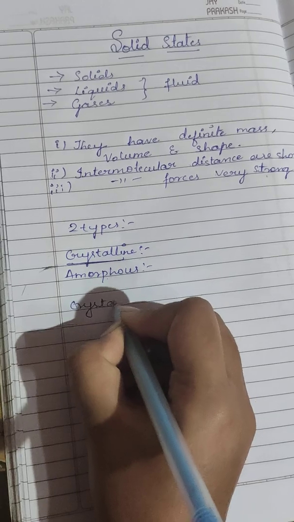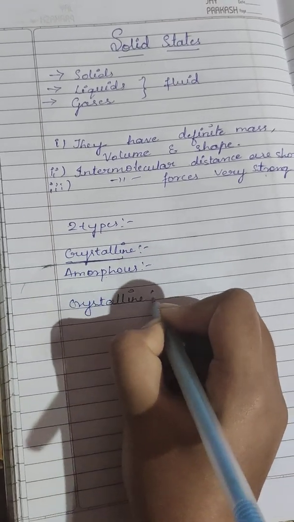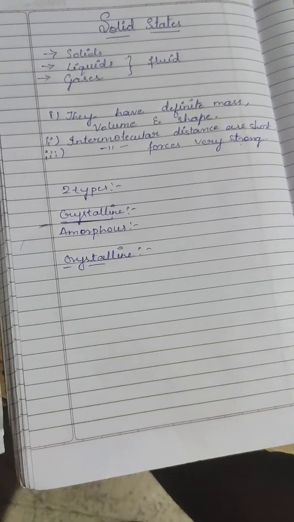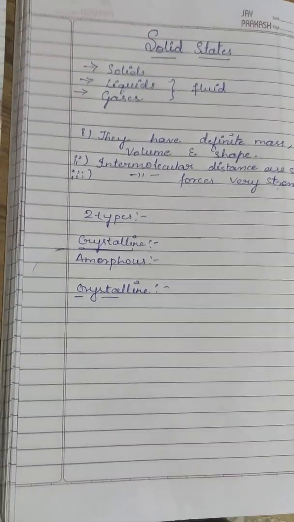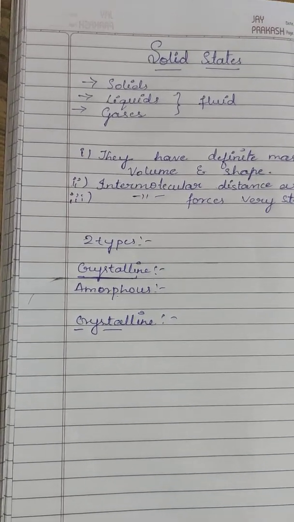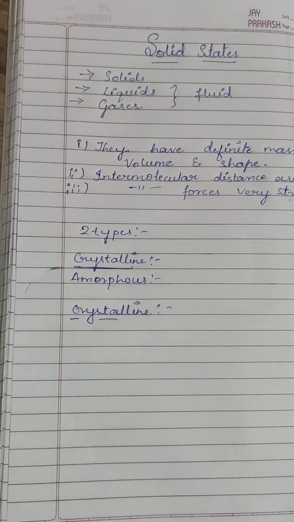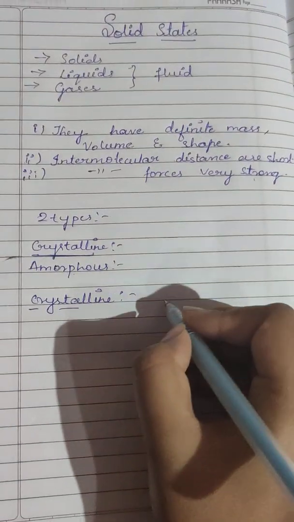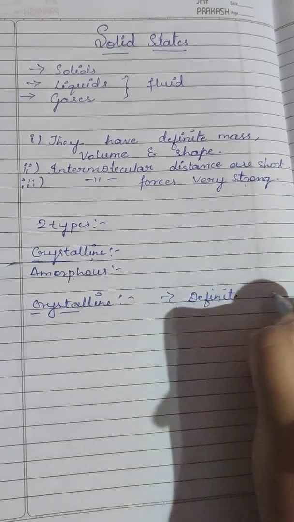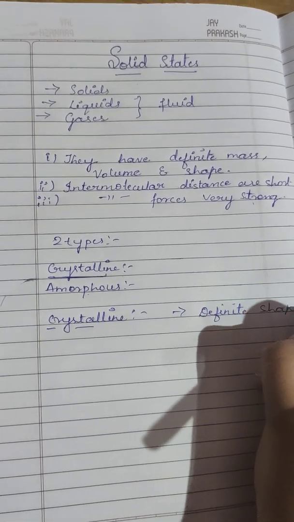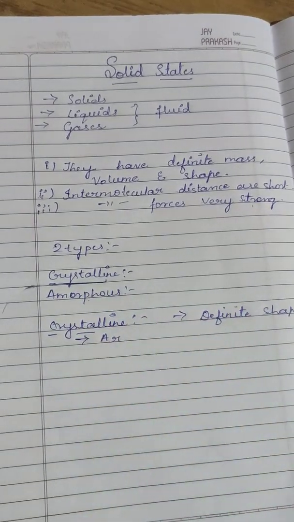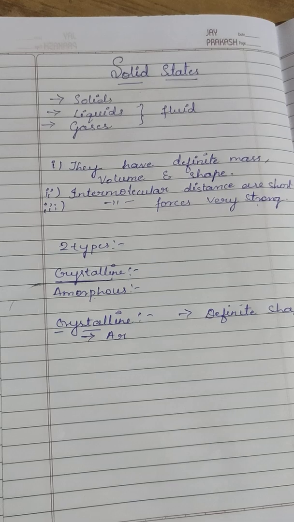As the name itself indicates, they consist of usually a large number of small crystals, each having a definite characteristic geometrical shape. They have a definite shape, and the arrangement of the particles is ordered and repetitive in 3 dimensions.